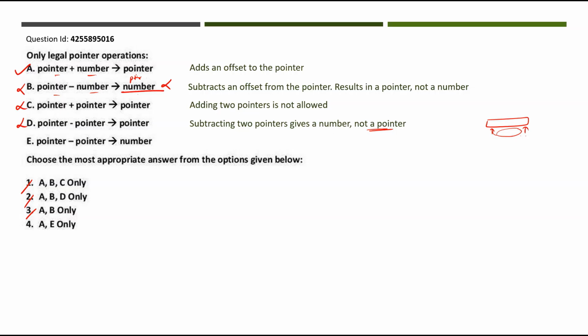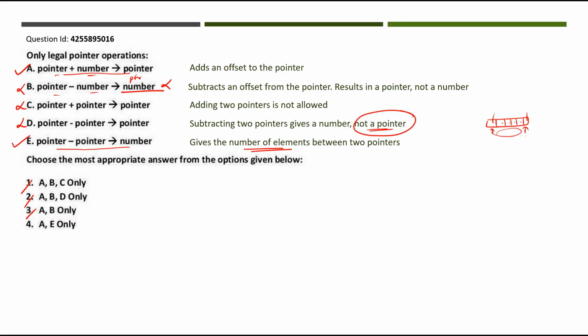So now we have pointer minus pointer, that gives a number. This gives the number of elements between two pointers. If I have 4 numbers between these two pointers, then the difference will be 4 here. So subtraction is allowed, but that will give the result as the number of elements between those two pointers and not a pointer. So based on D and E, we can say E is right and D is wrong.